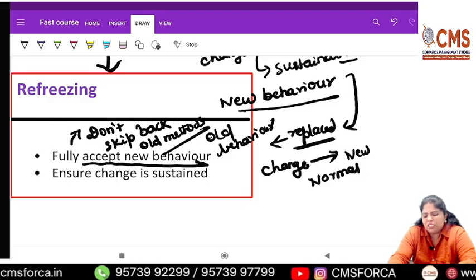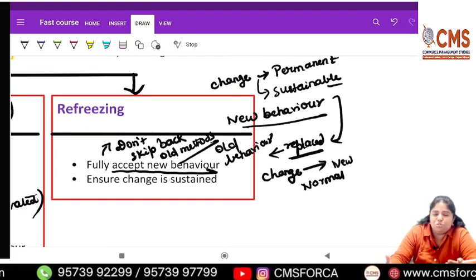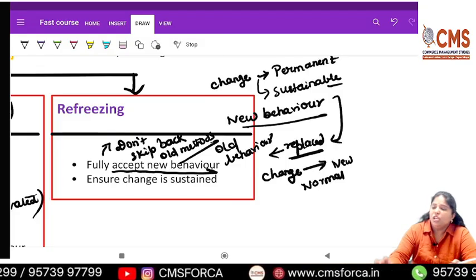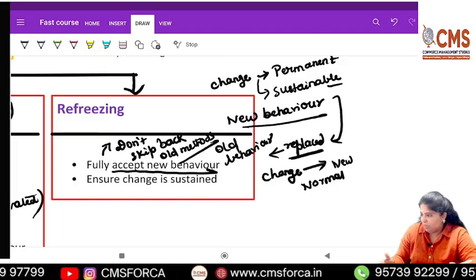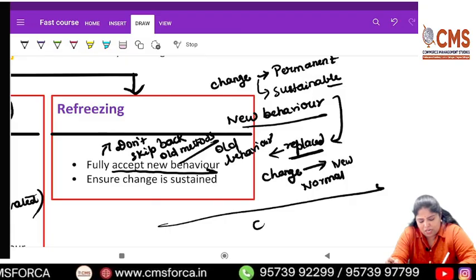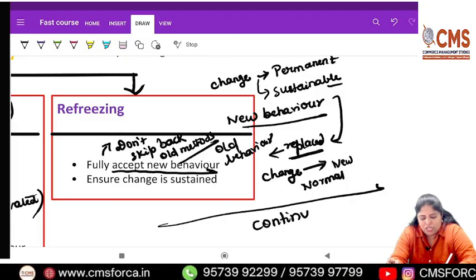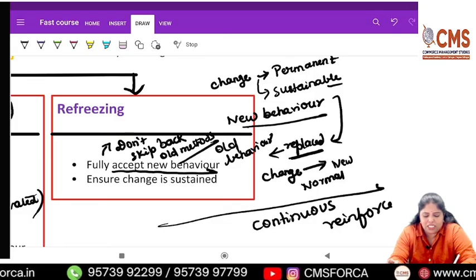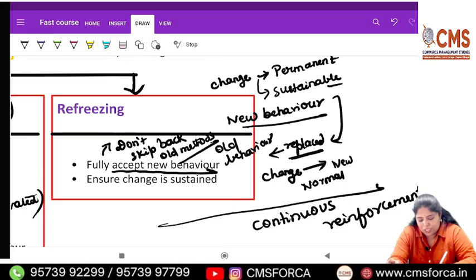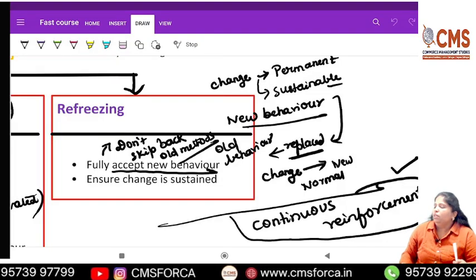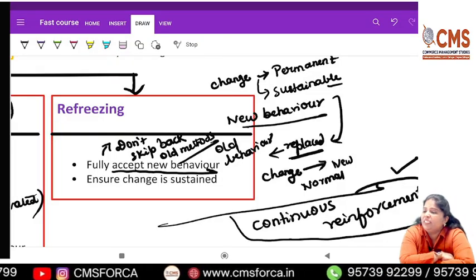But for all this to happen, where your change becomes permanent, sustains for a long time and becomes normal, it's not going to be a one-time activity. It requires continuous reinforcement. Must and should word to be used in your explanation. Continuous reinforcement is a must.